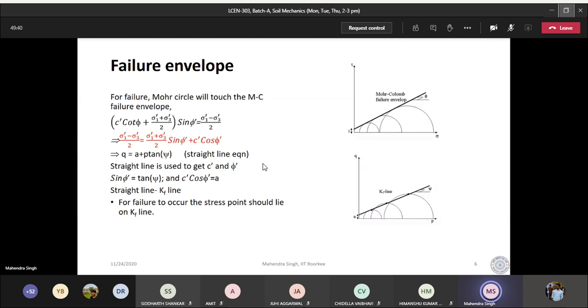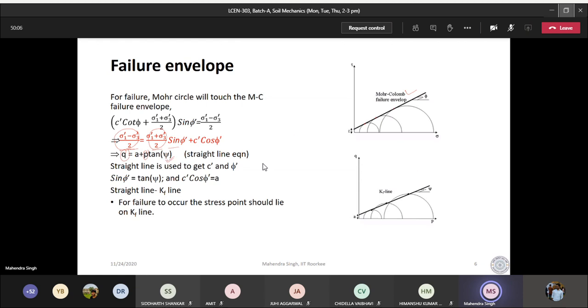So we did it something like this, that we derived this equation. This was the Mohr failure envelope, which touches the Mohr circles, and then we converted it into this straight line equation. So sigma 1 minus sigma 3 by 2, we are putting Q. Sigma 1 plus sigma 3 by 2, we are putting P. And here you can take any angle.